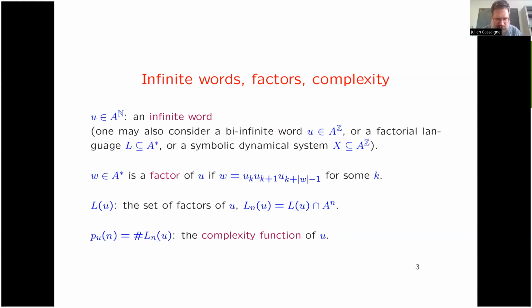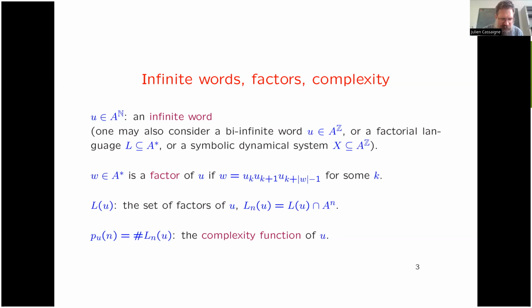So no big surprise if you have already listened to my talks. Here I will deal with one-way infinite words on some finite alphabet A, but this can be adapted to similar contexts like subshifts and so on.